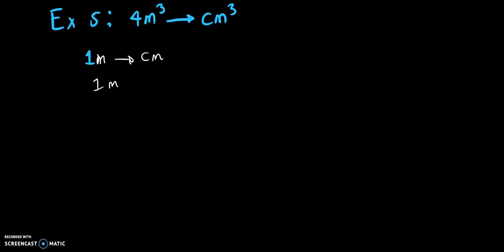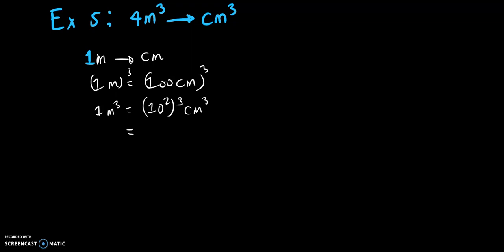So 1 meter is equal to 100 centimeters. And then we cube that. So 1 meter cubed is 100 cubed. That's the same as 10 squared cubed. And then we cube the centimeter. So that's 10 to the power of 6 centimeter cubed.